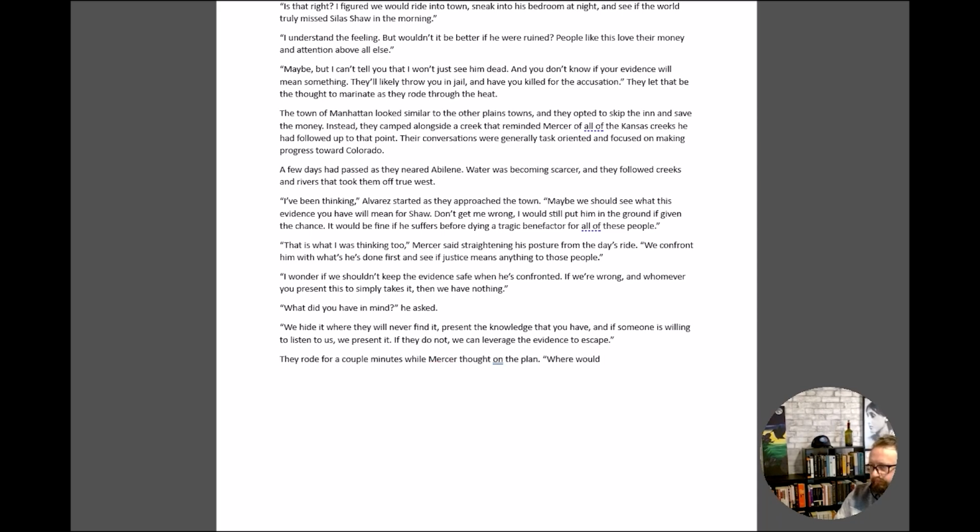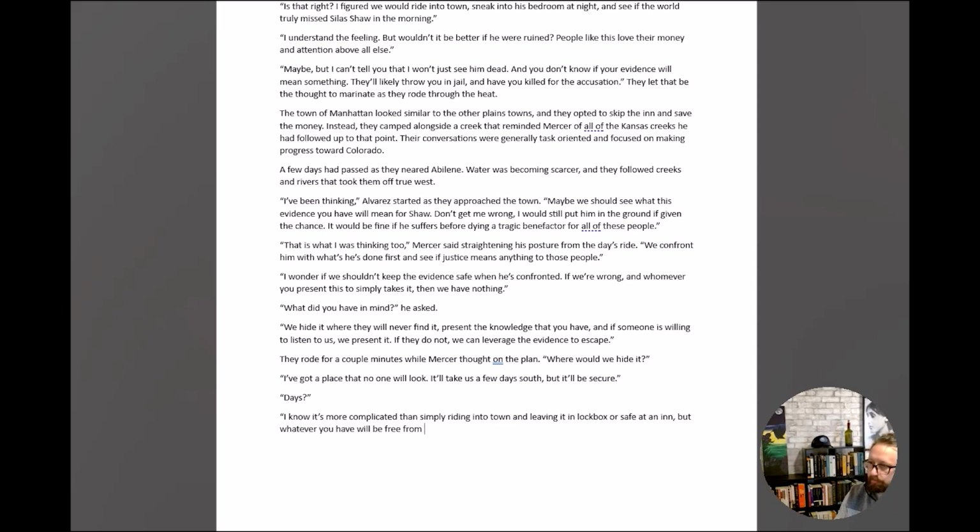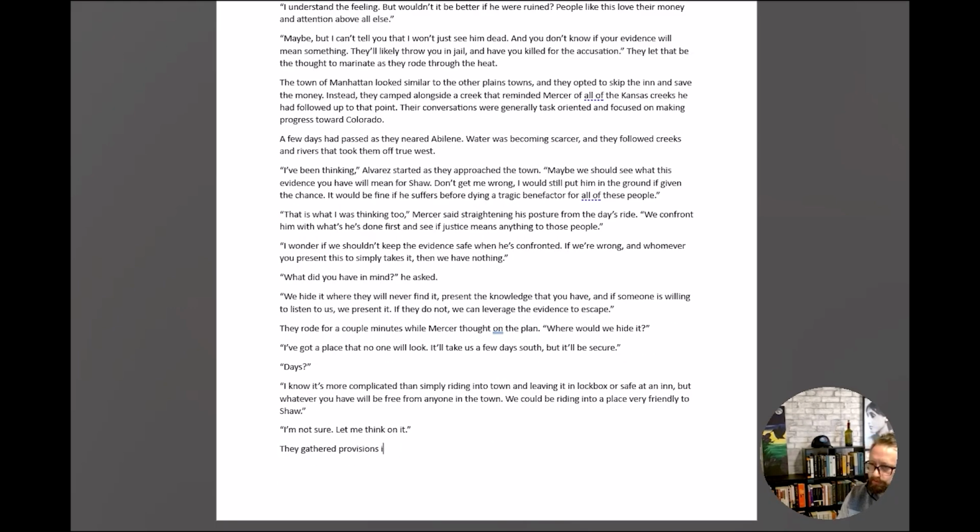Because I don't know that it adds value to have yet another inn in another small plains town that nothing really happens in. So I think in those situations, it's okay to explain what happened and get to the next scene in which there is dialogue and there is description of what's going on with the characters.